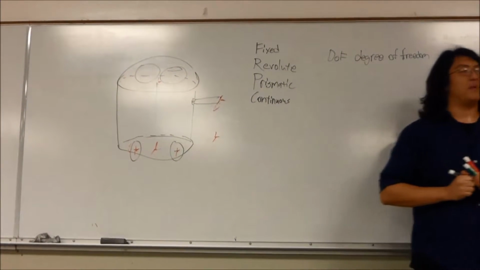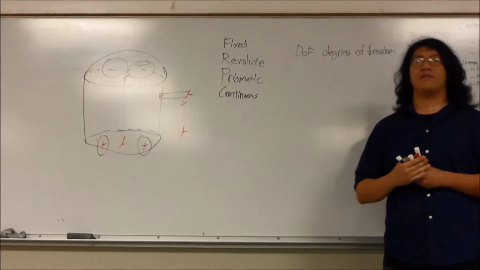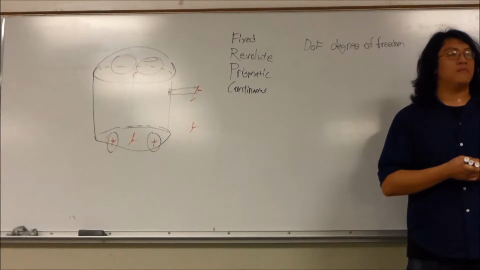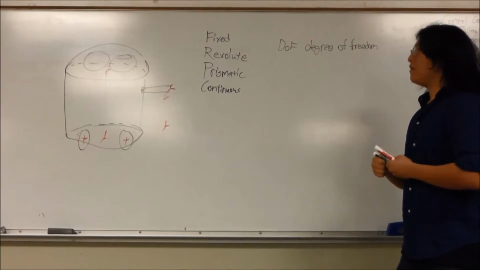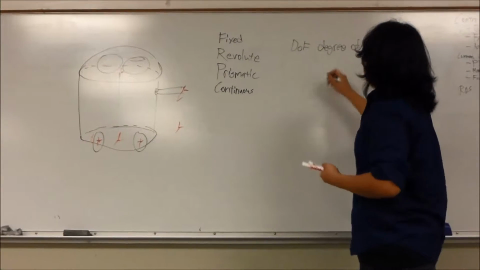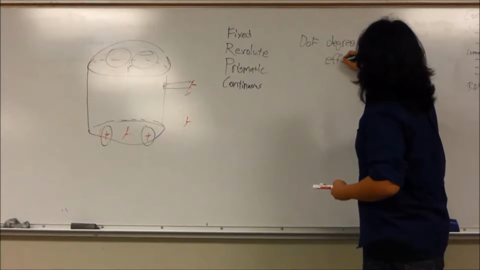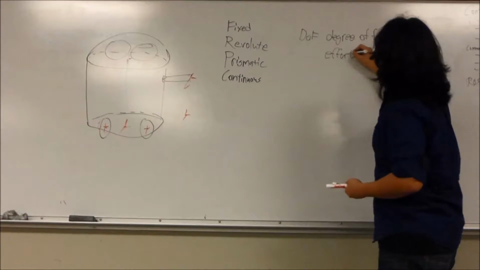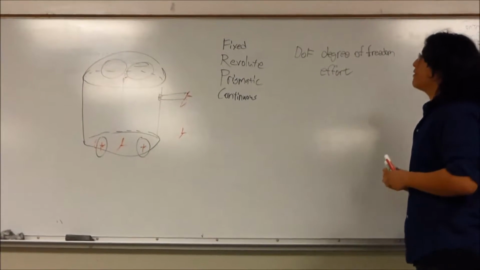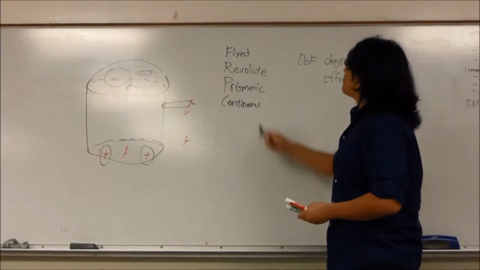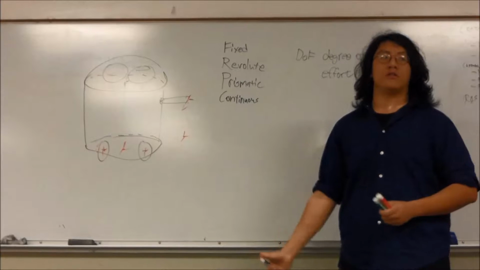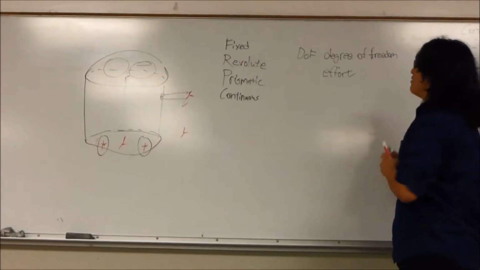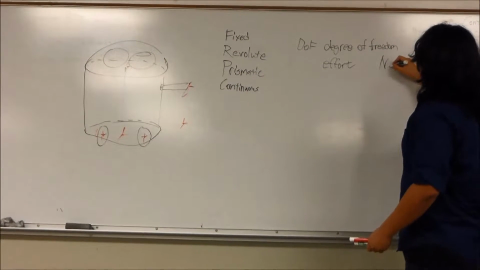I can't think of any other vocab words actually that they might need to know. We use the term effort to refer to, depending on what kind of joint you have, if you have a revolute joint, you talk about your moment of inertia across your joint, in the units Newton meter.